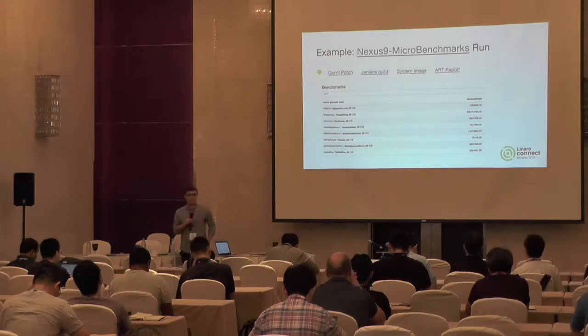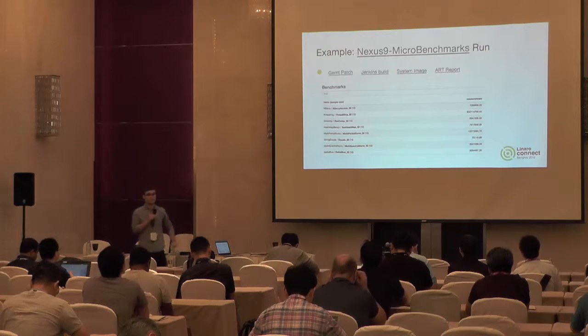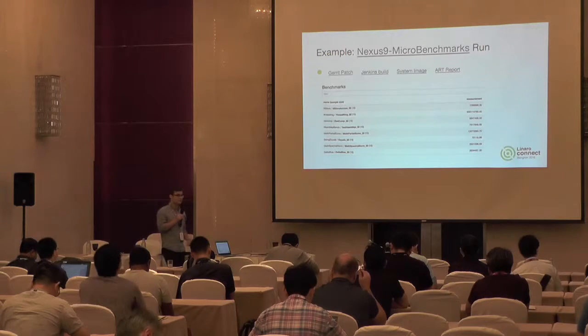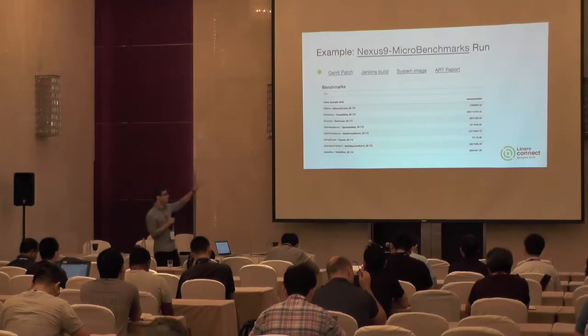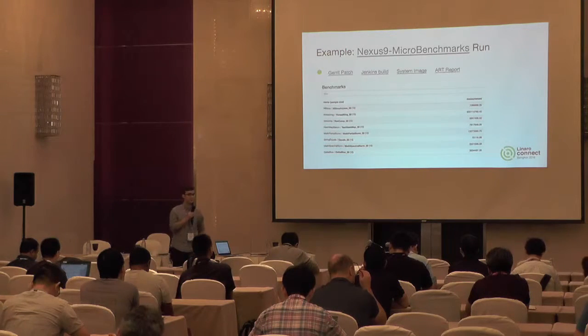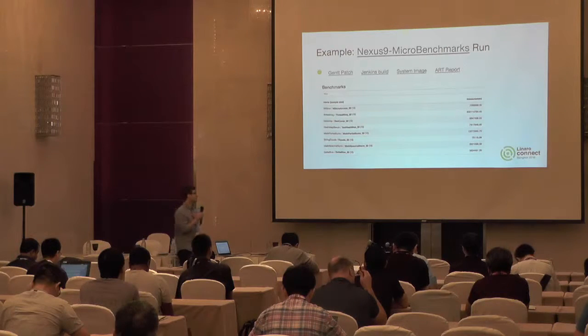So here's an example of a benchmark run. You have all the links there. They're currently not too easy to get to, but if you follow the links that I've put together here, you could easily reconstitute the links for your build.